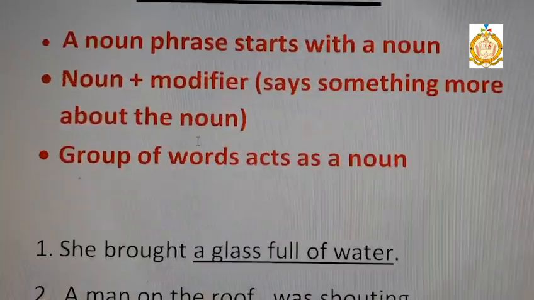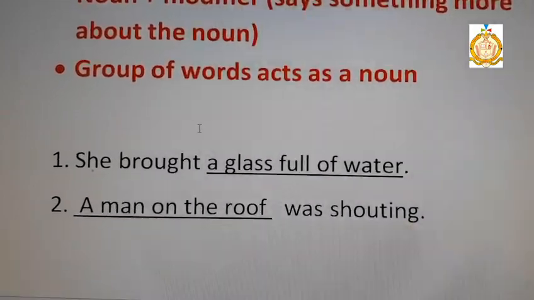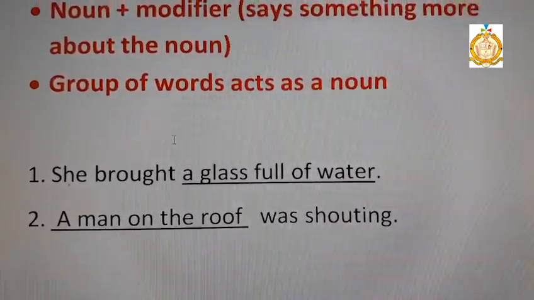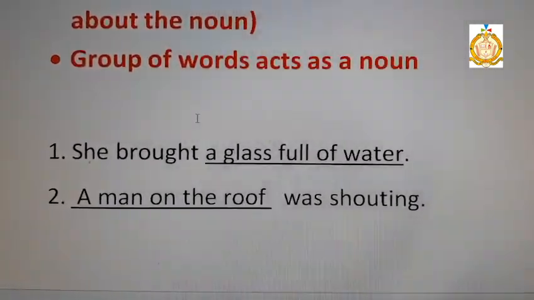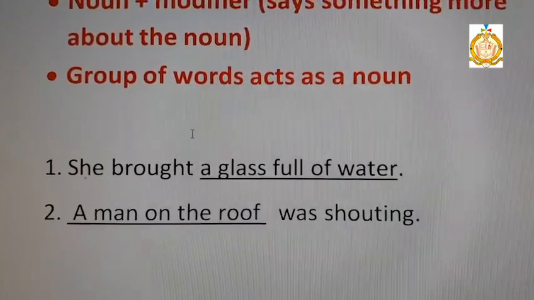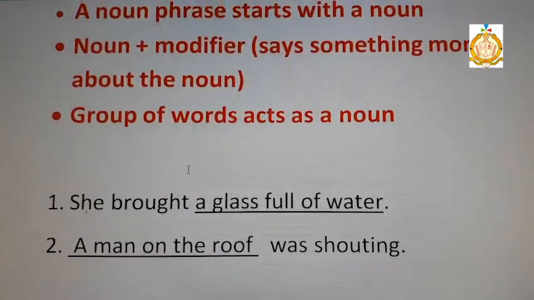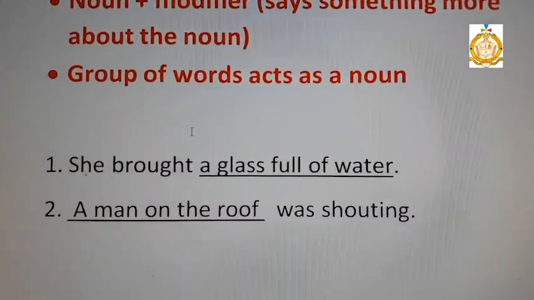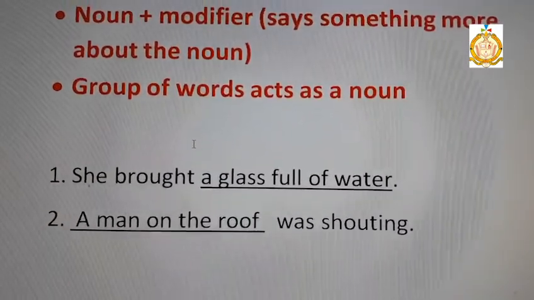So here we have some examples. The first example is she brought a glass full of water. Here our noun is a glass. As we said, the first point, a noun phrase starts with a noun. We have a glass as a noun.